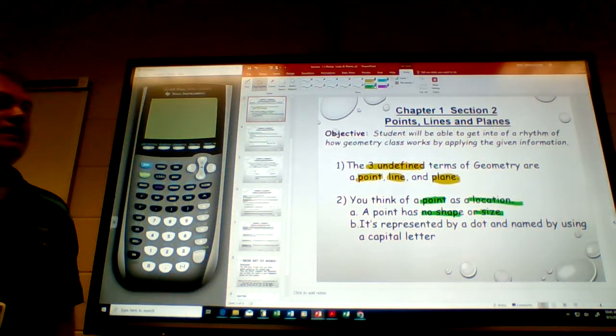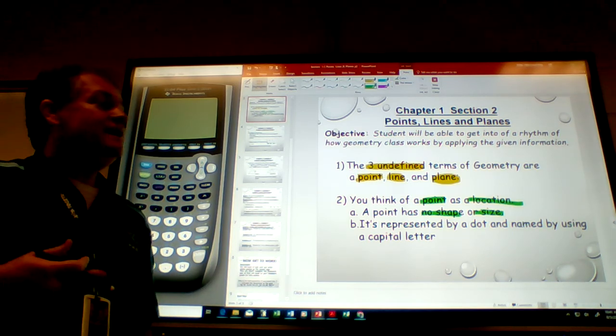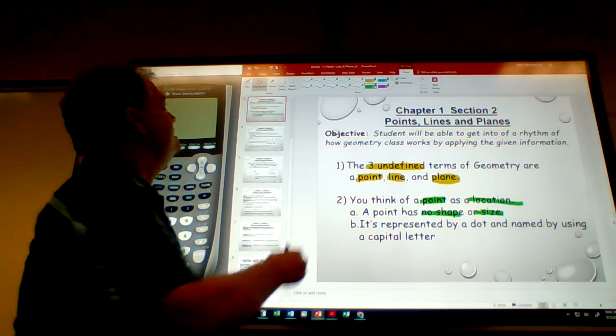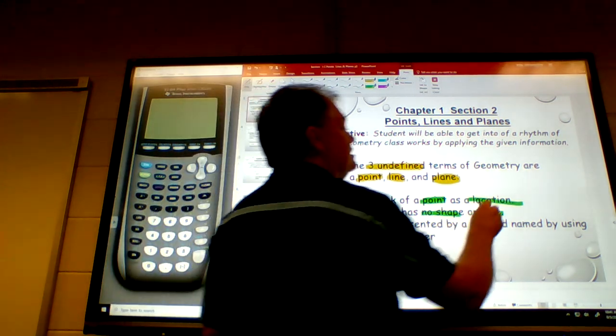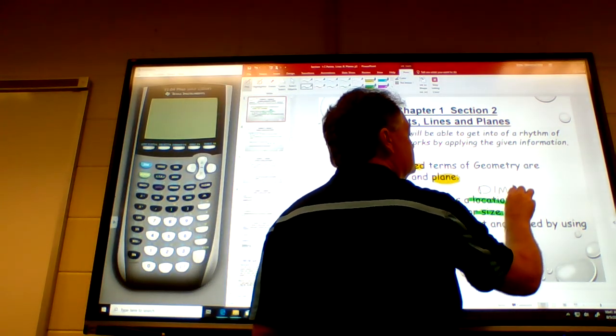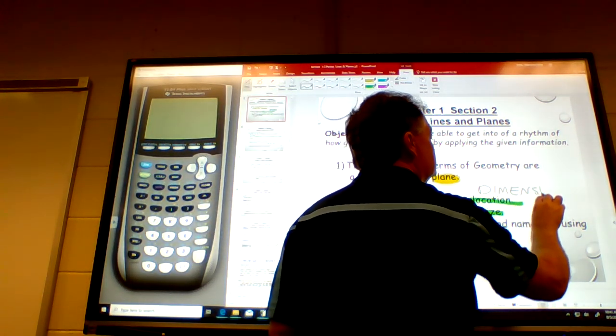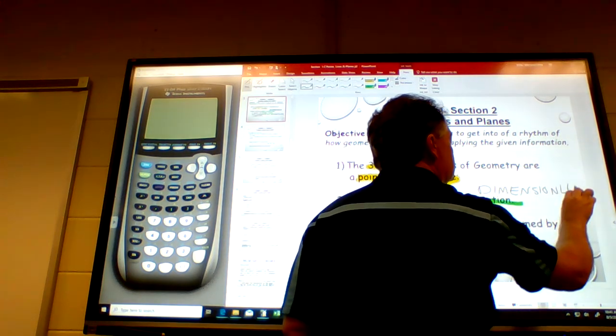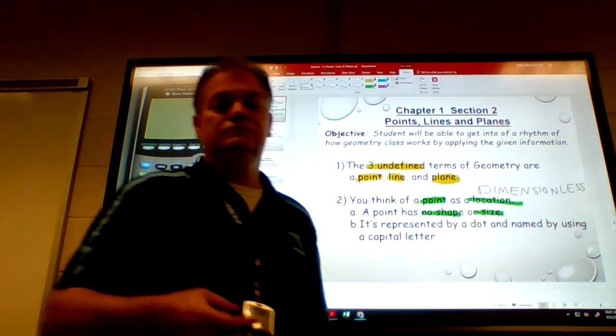And the reason why it has no shape or size is because it is dimensionless.